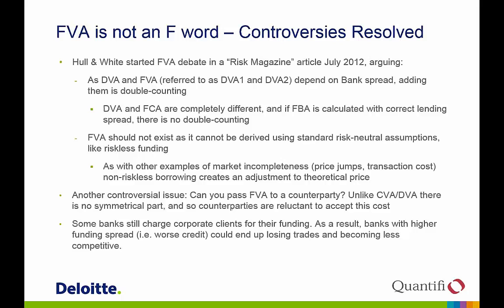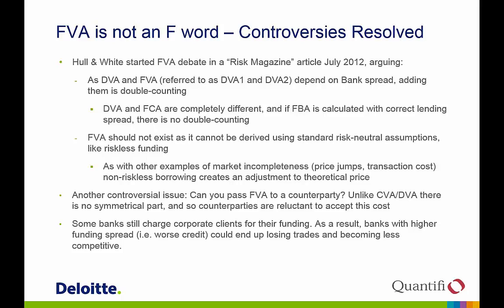One of the most heated debates was started almost 2 years ago when Hull and White published an article in Risk magazine where they were very critical about FVA, and a couple of arguments they were making were that, first of all, DVA and FVA, which they refer to as DVA1 and DVA2, both depend on bank spread, so if you count both of them, it will be double counting.